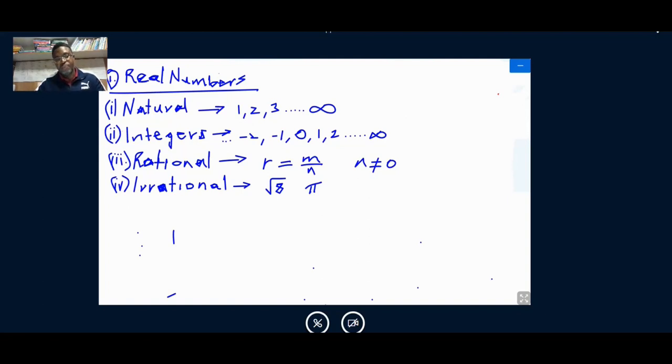Number 4, we spoke about irrational numbers. I want you to get this thing straight and clear. Irrational numbers can never be represented or written as simple fractions. They are just not like that. They refuse to follow that rule.